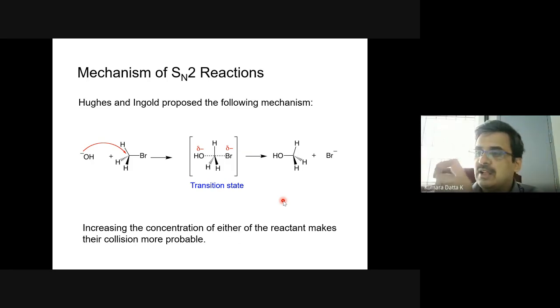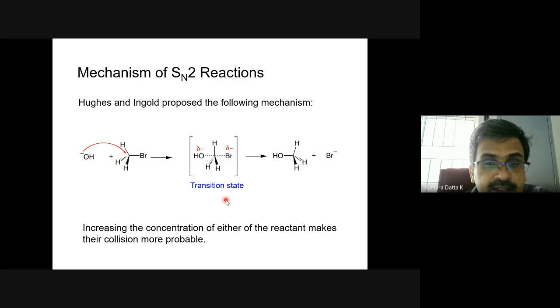Here also, same point, like Hughes and Ingold, they have proposed the following mechanism where you see the hydroxyl group comes to the carbon, forming a partial transition state like this, where you all know that because of the electron density, the halogen will be more directed towards the bromine side.